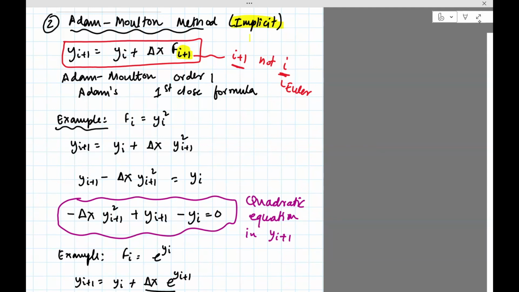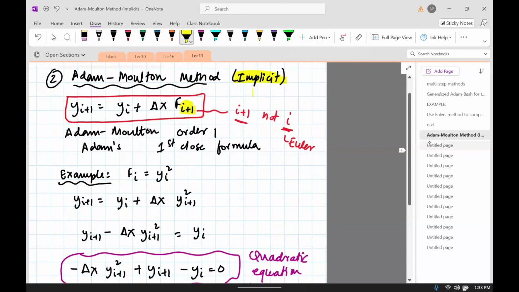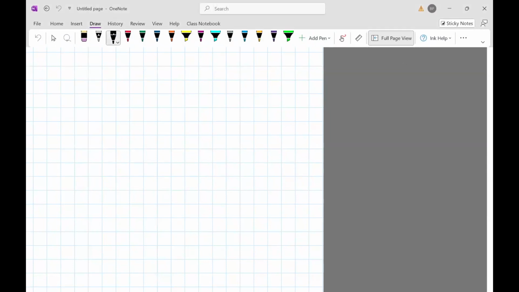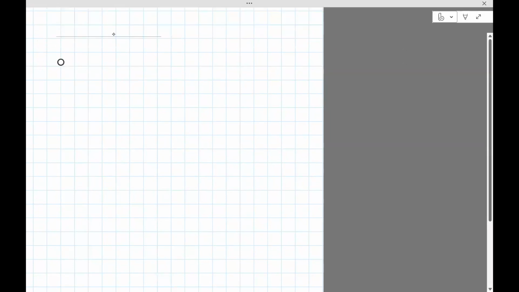Okay, so now I will give you various formulas for this. Let me just write the formula for the second order. So y_{i+1} is y_i plus delta x times f_i divided by 2 plus f_{i+1} divided by 2, plus order delta x cube.